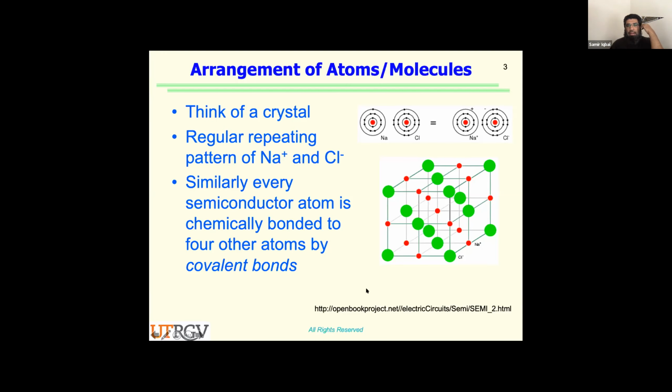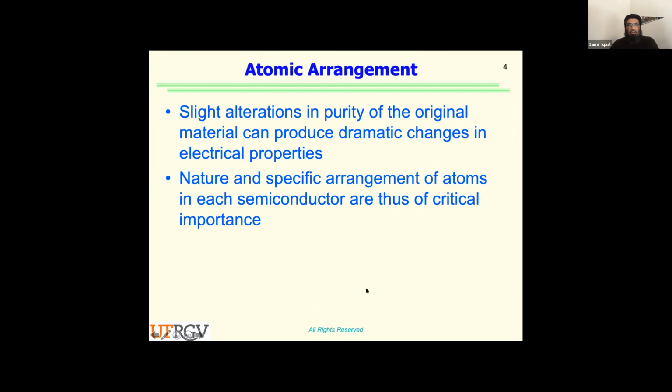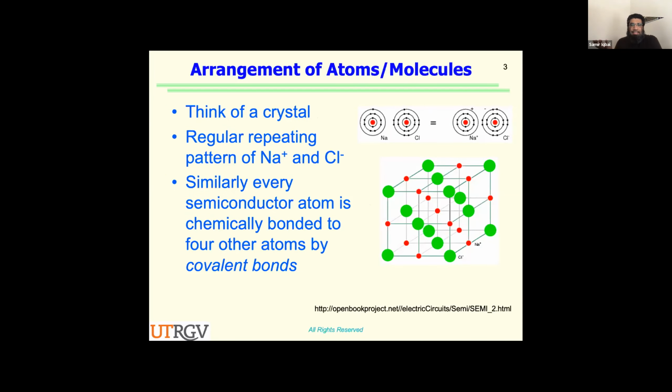Today we'll get into a little more depth on what we want to do with it. Now, sodium chloride is an ionic salt, right? It's not a semiconductor material, but it's a crystal. There's no Breaking Bad reference in this course, okay? We'll talk about sodium chloride and semiconductor materials, no other crystals.